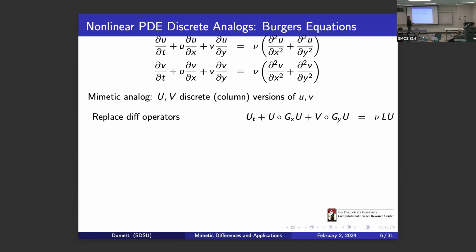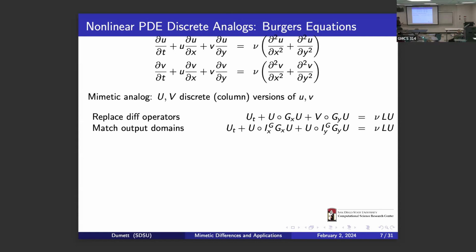But v is in n components. So these two vectors have different components, and I have to do something. Since u is in the centers, and gy of u is at the nodes, the product is at the nodes, then I have to move that to the centers, and for that I will use an interpolation.